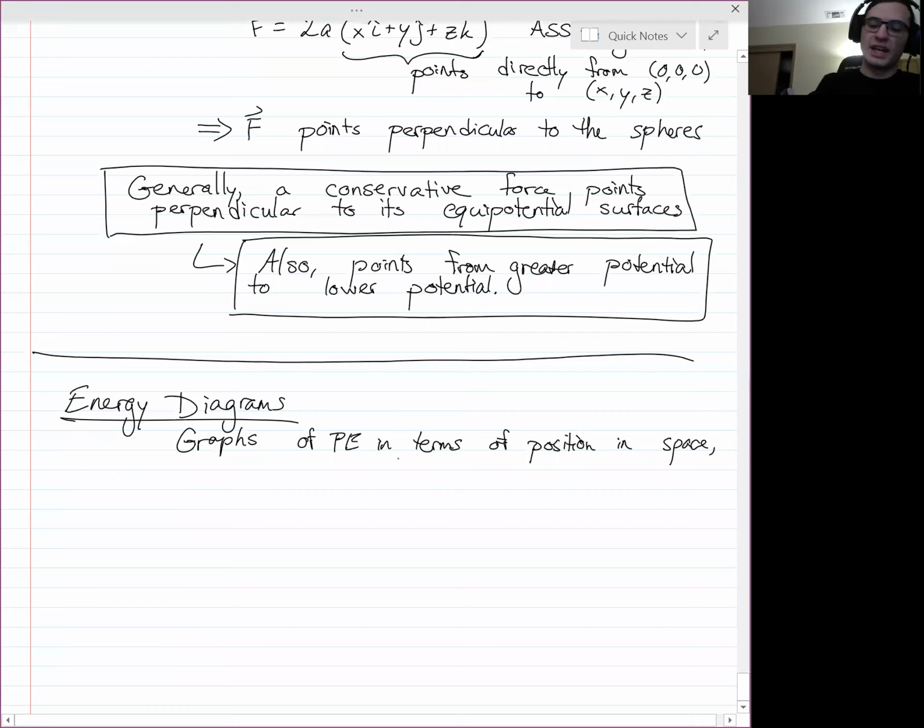And in our graph, we include both the potential energy function and the total energy.